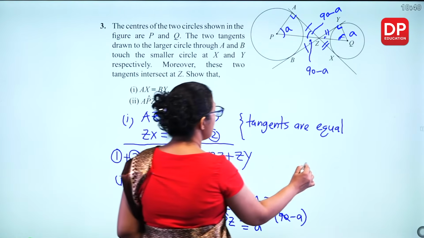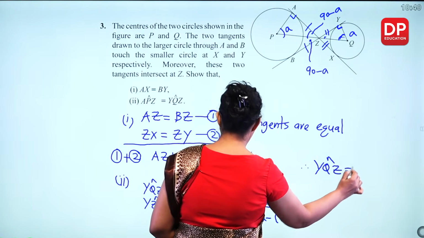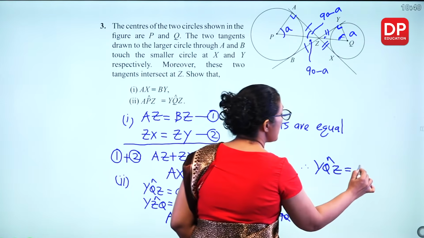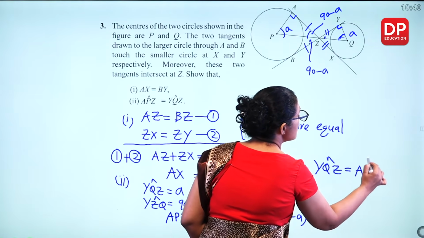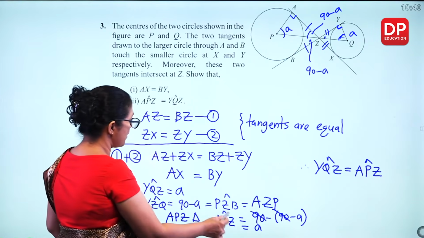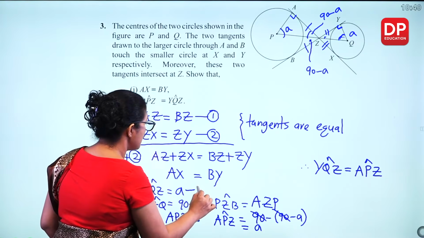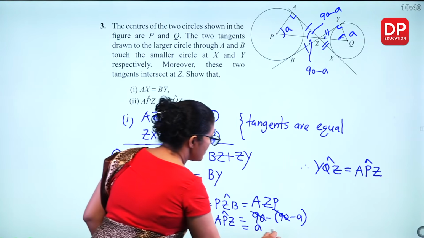So we can write therefore angle YQZ is the same as angle APC, because both are A's. So I'll highlight this one. This is 1 and this is 2.